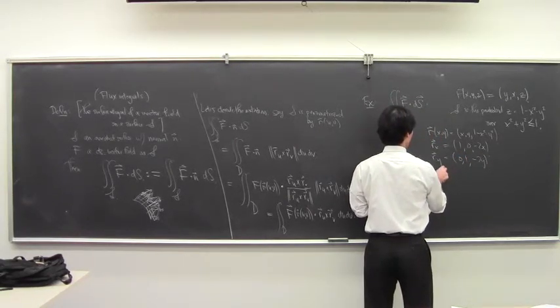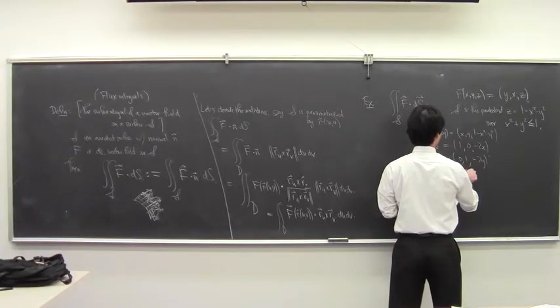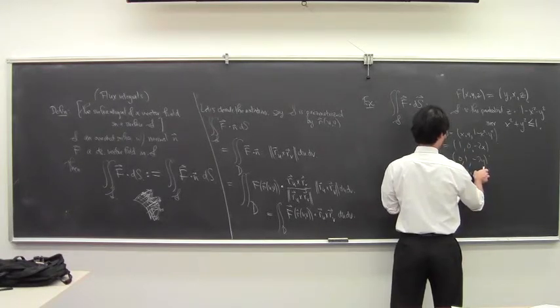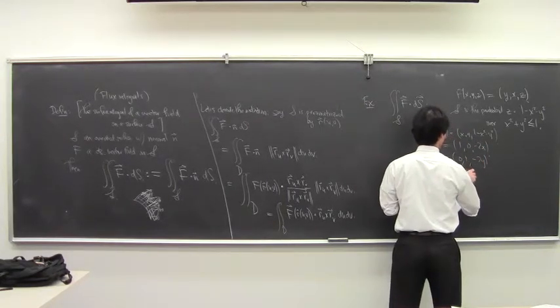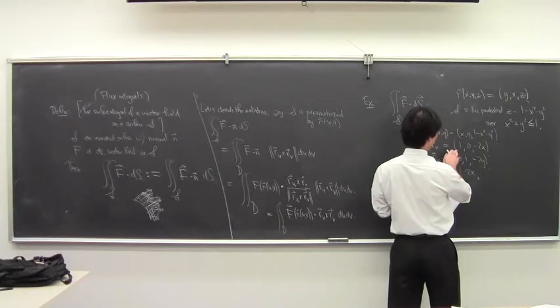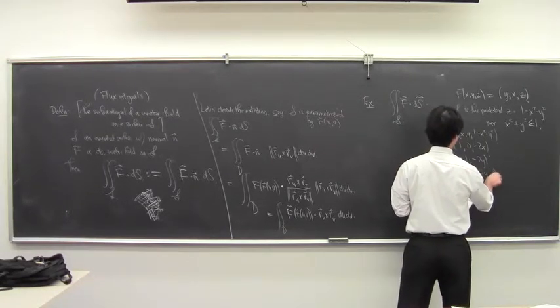The cross product is going to be, I'm sorry, positive 2x, 2y, 1.